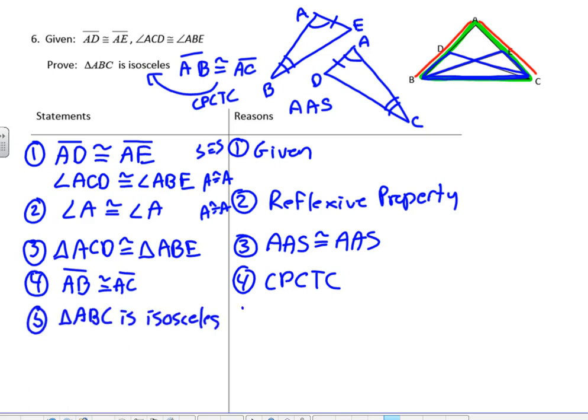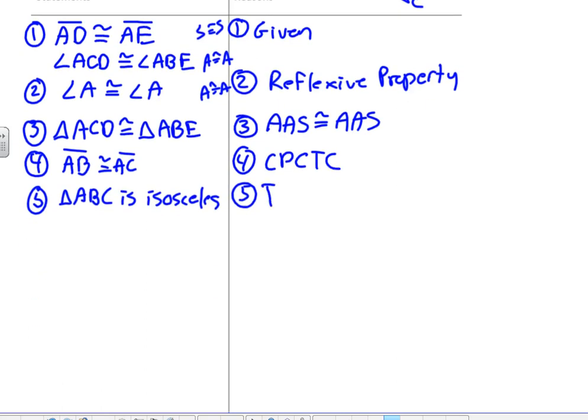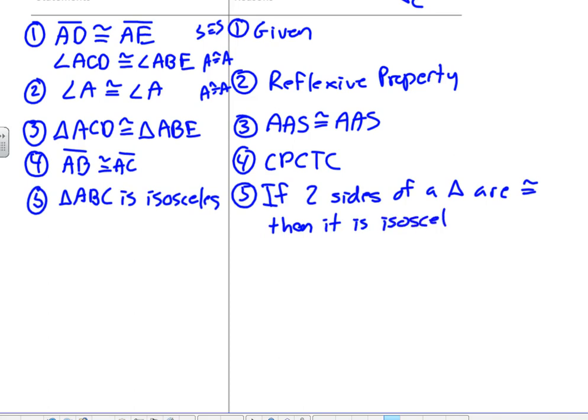So the reason is if two sides of a triangle are congruent, then it is isosceles.